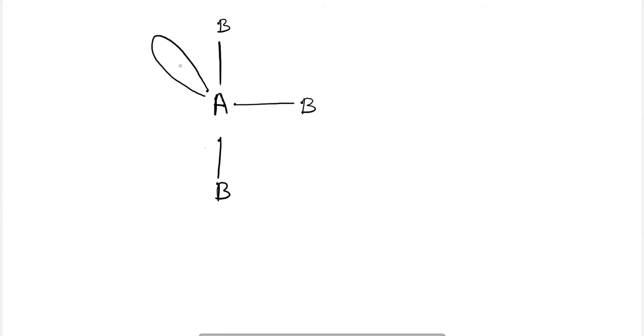First, let's arrange the three B here. So one B, two B, and this is the three B. And the three lone pairs will be like this.